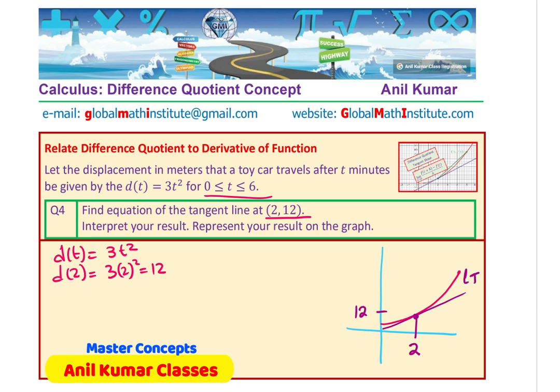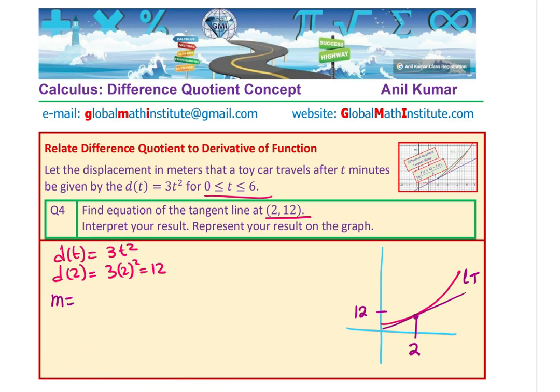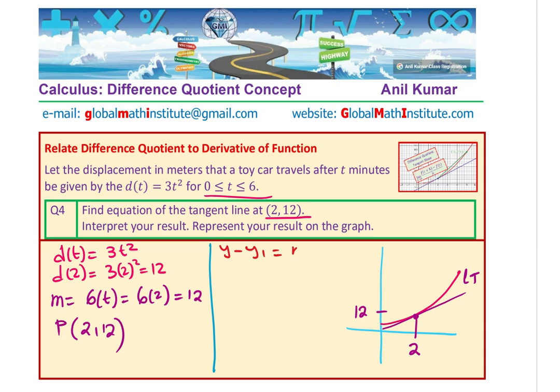So since the slope is equal to, which we found as 6 times t, right? Which was 6 times 2 or 12. And the point is (2, 12). So the equation of tangent will be what? We can write the equation as y minus y1 equals m times x minus x1.